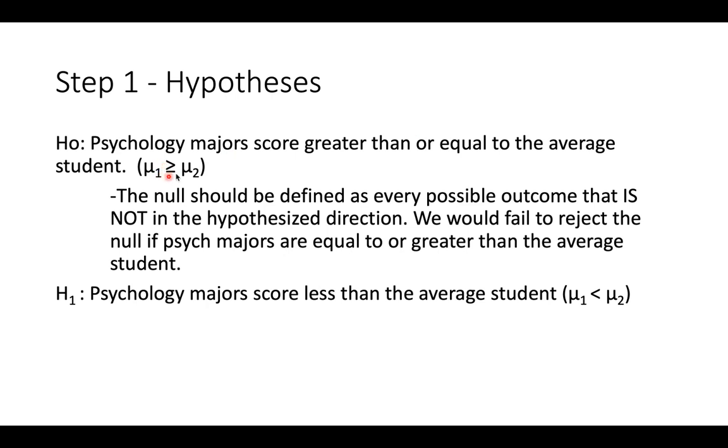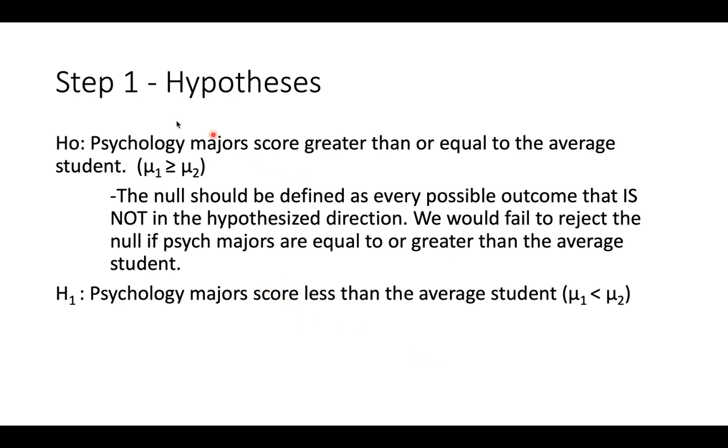Keep in mind, just as we did before, that the null and the research hypothesis should be mutually exclusive, meaning that 1, they encompass all possibilities of reality, and 2, only one of them can possibly be true at the same time, right? Psychology majors are either less than the average student or they are greater than or equal to. There is no other possibility. One of these must be the case.